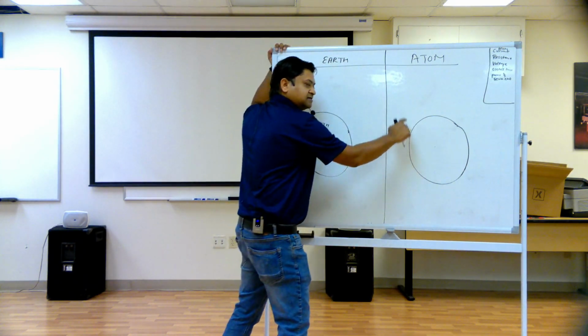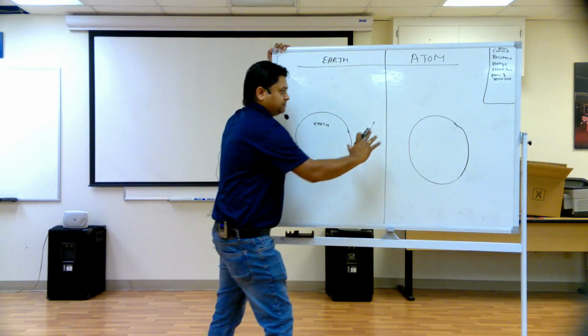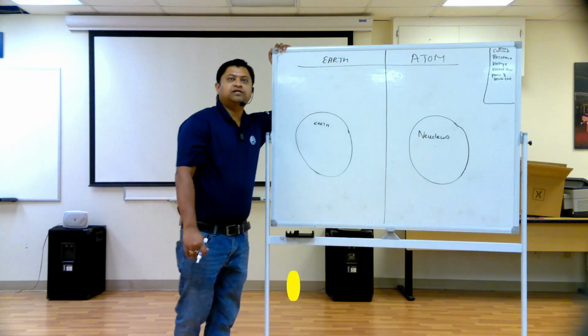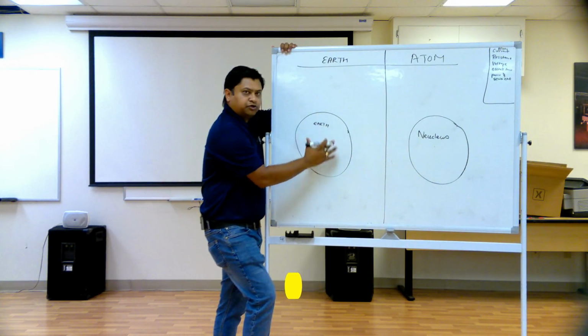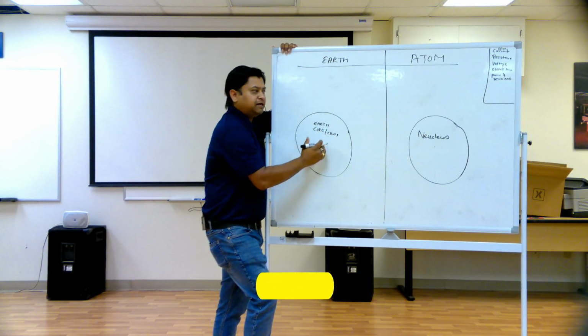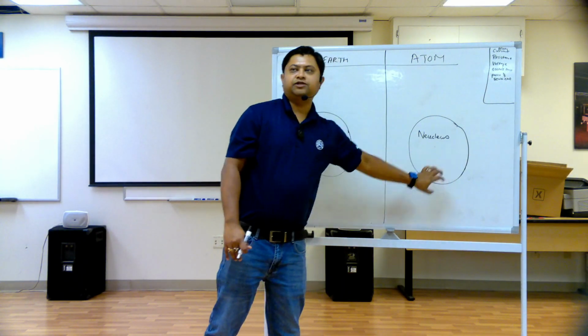This portion at the center is known as the nucleus. Just as the Earth has a core or crust, the atom has a core, which is known as the nucleus.